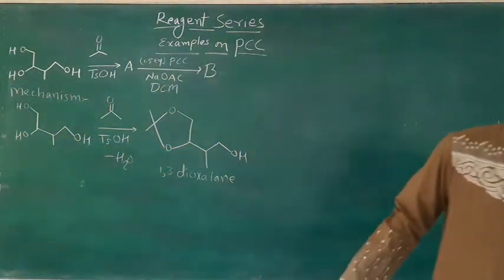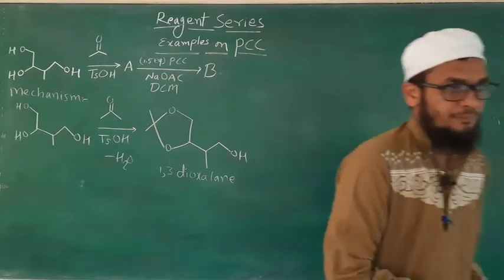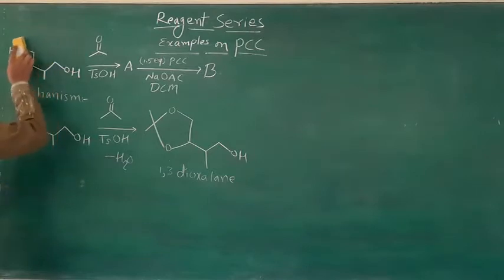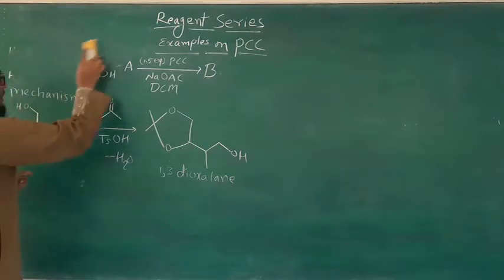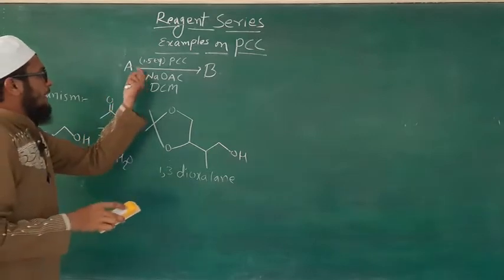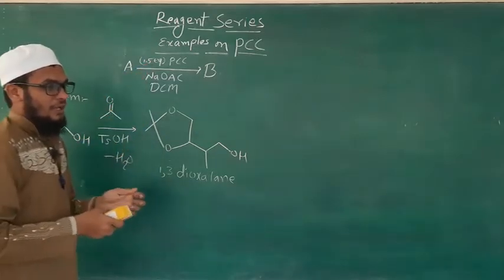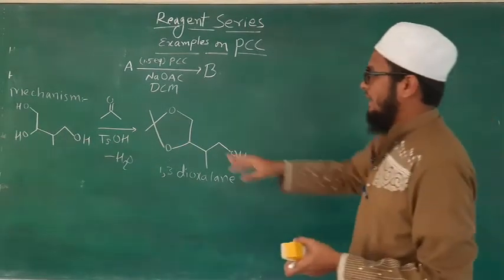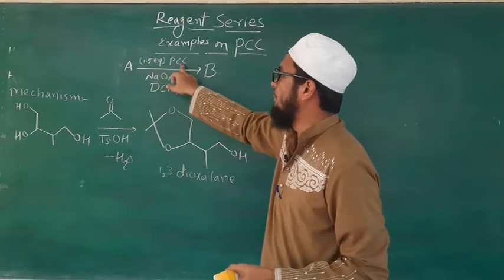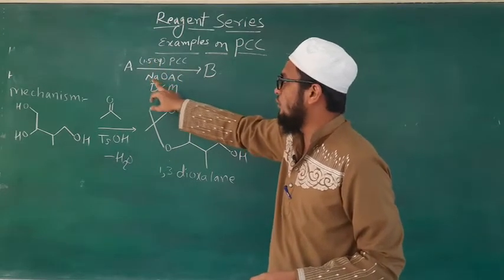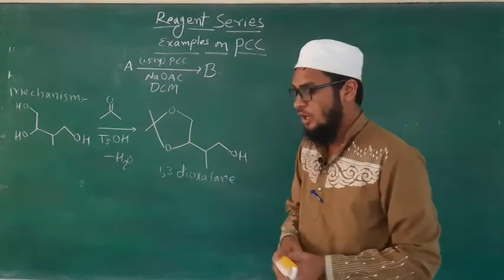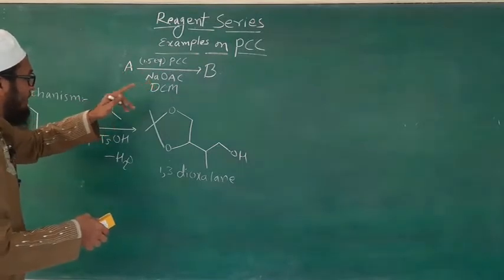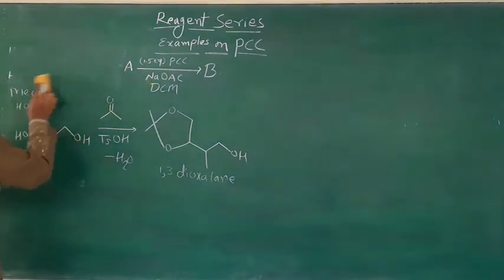So I will rub it all and I will show you B. Remember this: A in a reaction with 1.5 equivalent of PCC, and it has sodium acetate and dichloromethane. I will tell you while giving you a mechanism why sodium acetate is given in our PCC reaction.